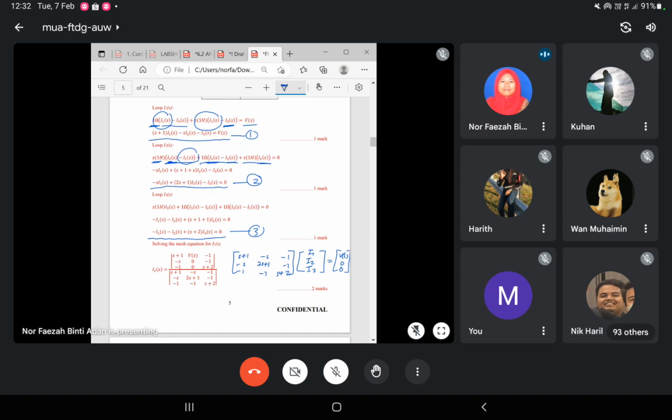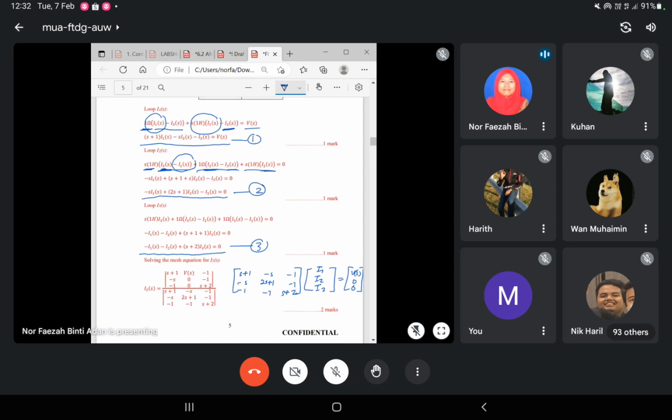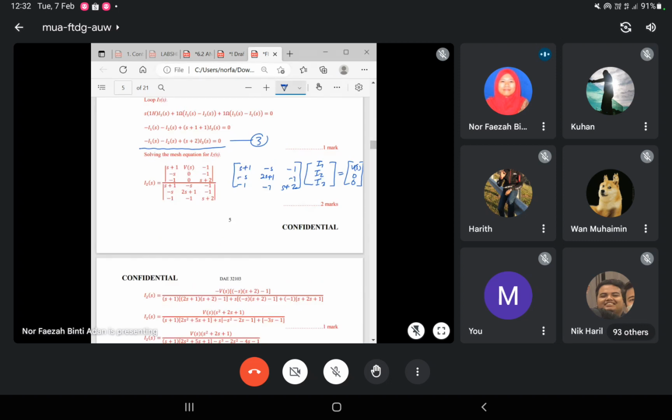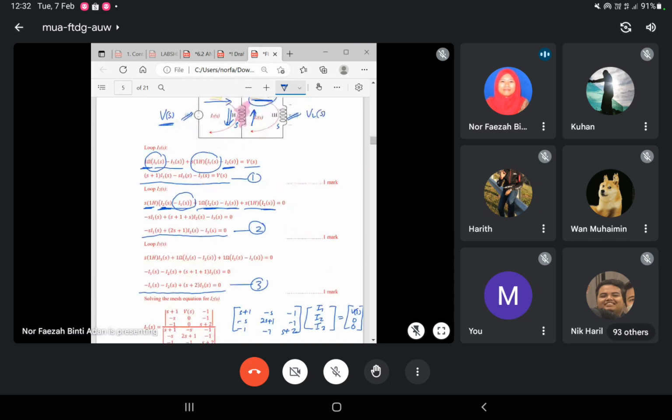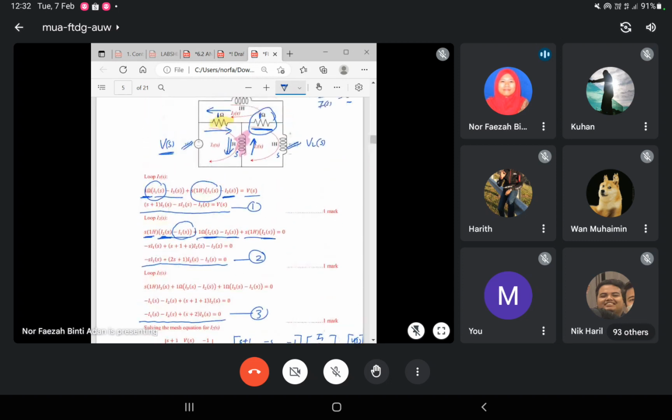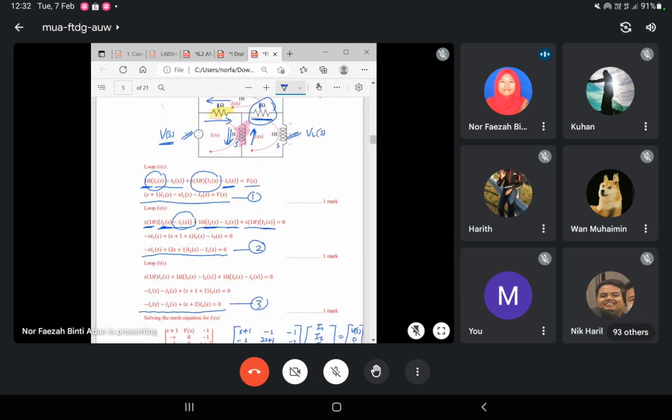Okay, now that you have this matrix form, next kita nak gunakan what we call as Cramer's rule. So pentingnya Cramer's rule ni untuk you solvekan equation matrix 3x3. Okay, so kita nak dapatkan VLS. Okay, tengok balik you punya circuit.